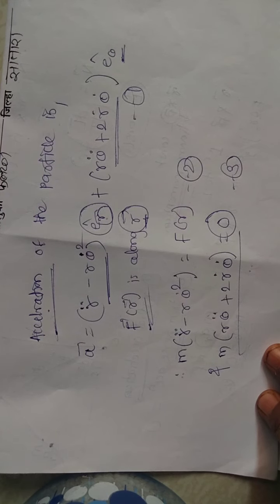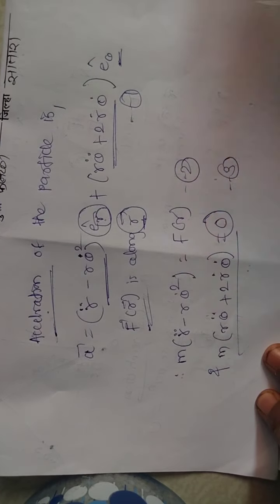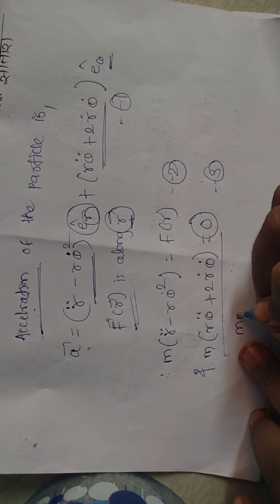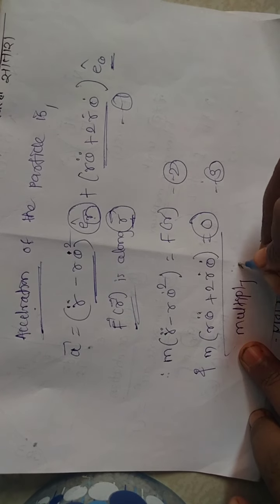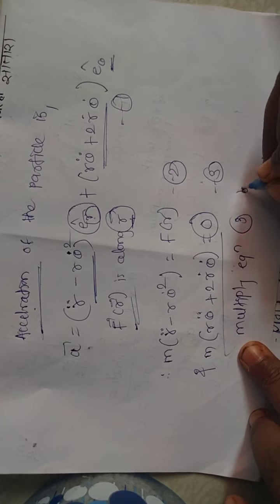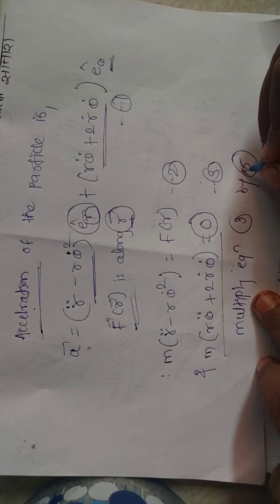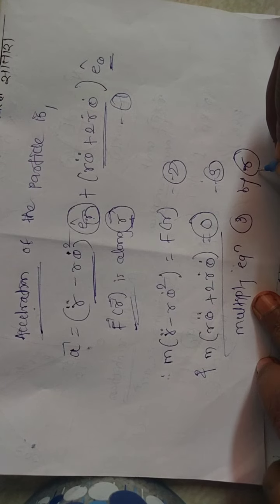This is equation 3. Let us consider equation 3 and multiply it by r, so that we consider all equations in terms of the radial direction only.